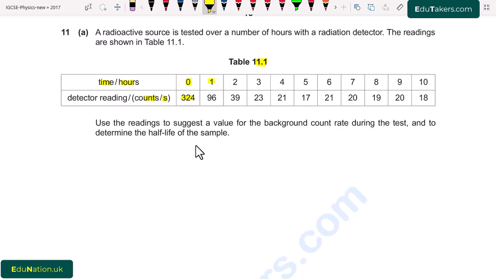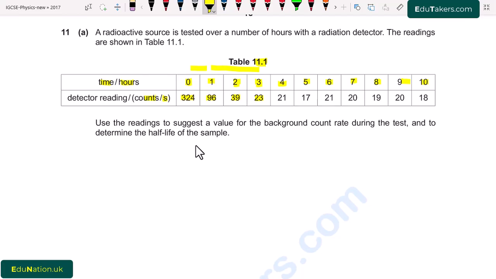When time is 1, then the count rate is 96. When there are 2 hours, the reading is 39 and at 3 it is 23. So there are different readings at different times. We notice here that from 0 to 3 in this time, the reading of the count rate reduces very rapidly.